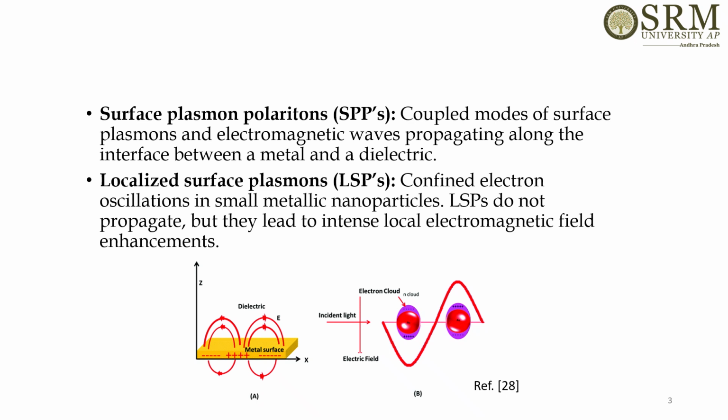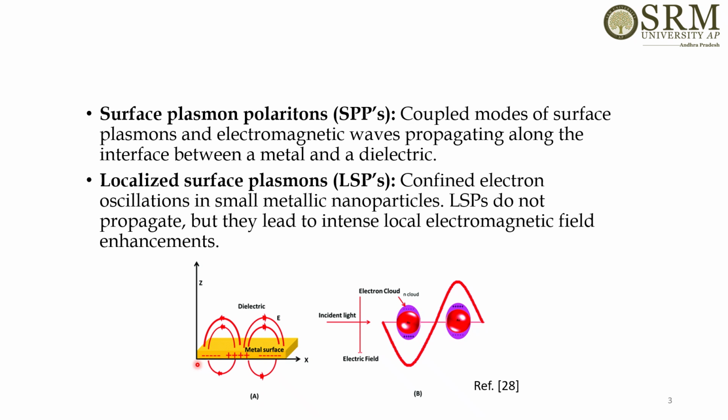The basic operation and introduction of surface plasmon polaritons: surface plasmon polaritons are the coupled mode of surface plasmons and electromagnetic waves propagating along the interface between metal and dielectric.